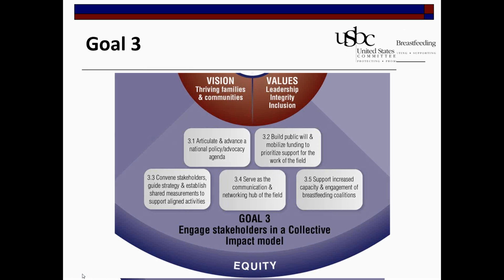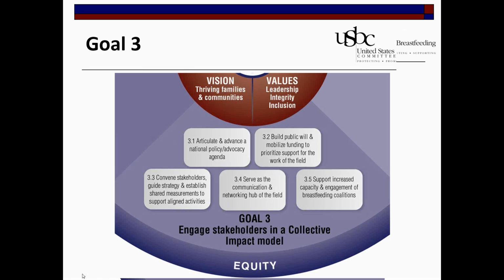Goal 4. Goal 4 is to model a culture of inclusion, diversity, and equity. With the landscape of breastfeeding today and the intense needs of specific populations in the United States, we want to embrace equity at the core of all organizational structures and practices.